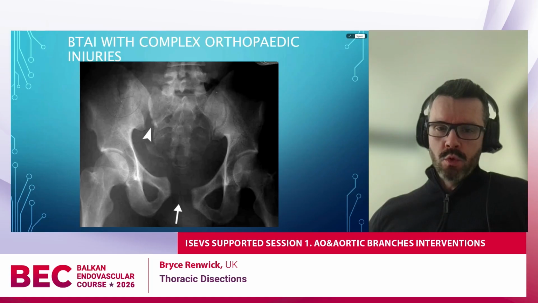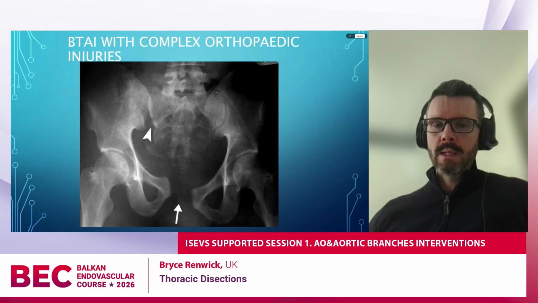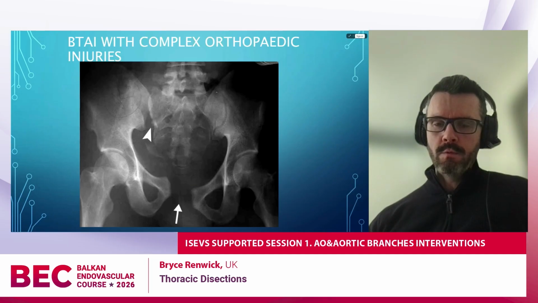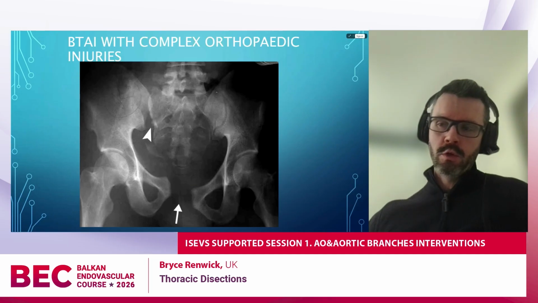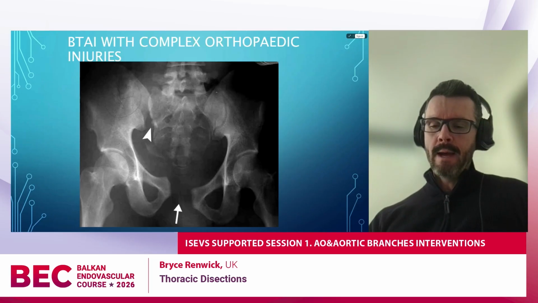And of course, as we know, these are associated with significant pelvic bleeding problems, usually from torn venous plexuses in the pelvis. And so these patients come in. There's usually a long bone fracture. There's usually concern about the cervical spine and possibly the head as well. And we need to get these patients sorted from a multi-trauma point of view.